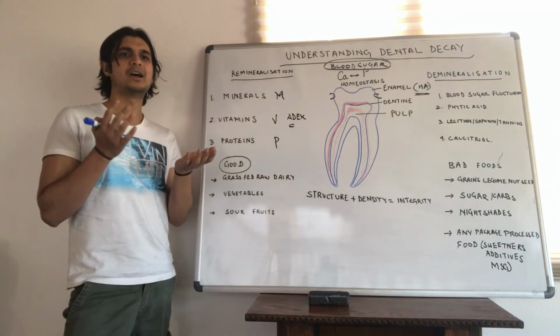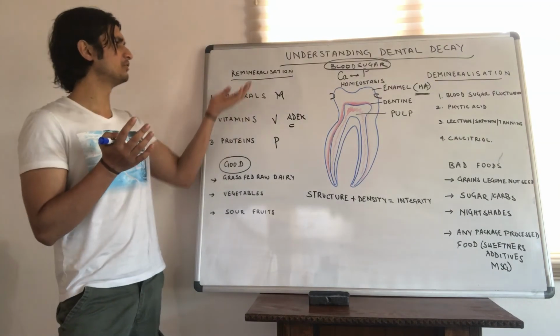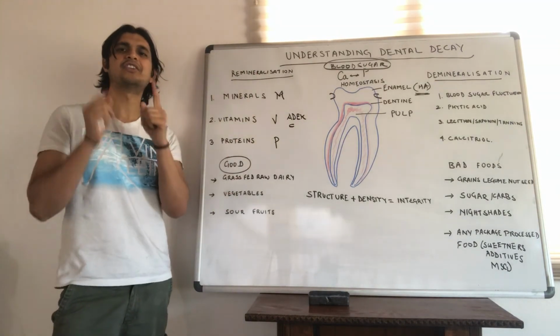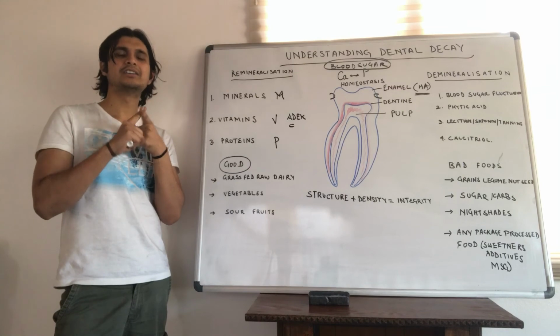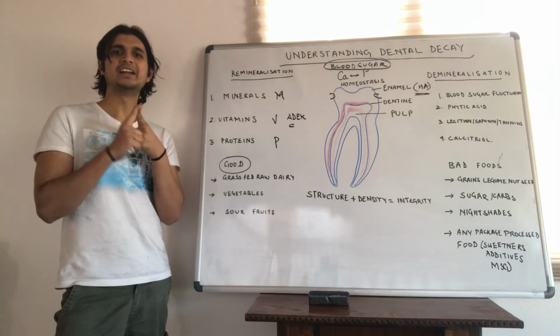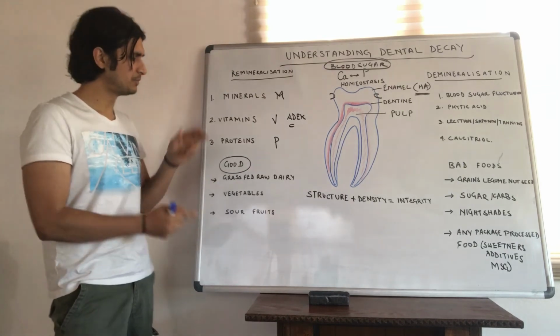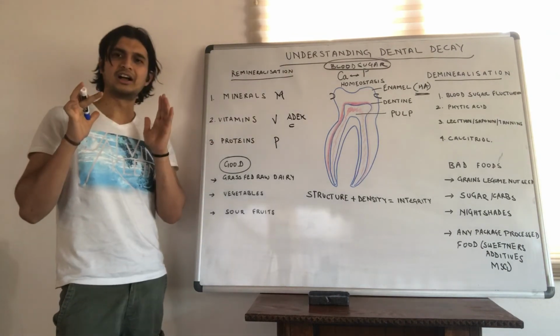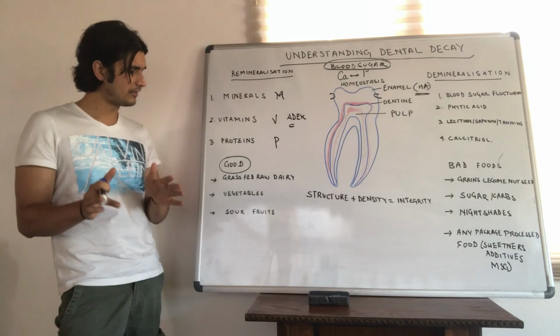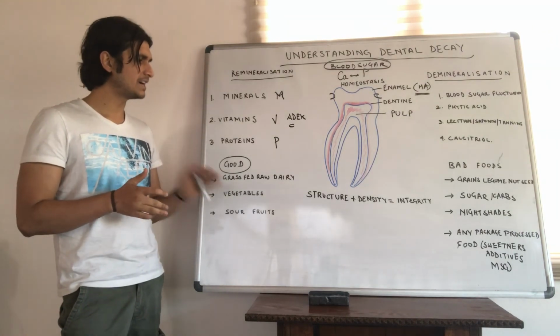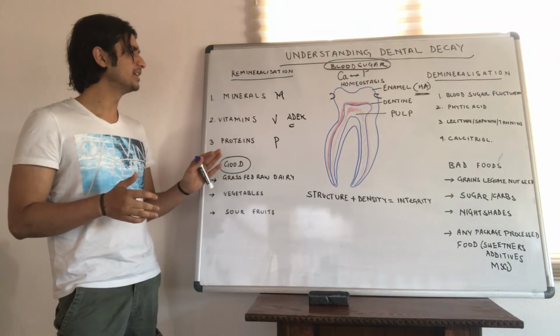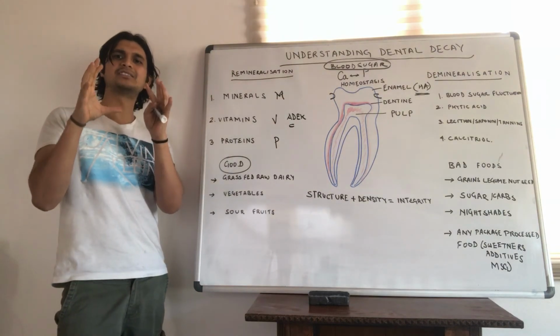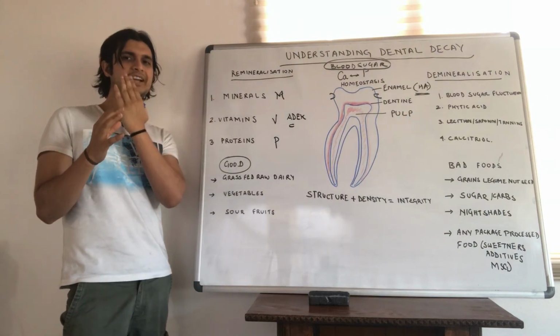Weigh your options, benefits and risks, but of course it's worth a try of six weeks of a dairy-free, nut-free, seed-free, legume-free, nightshade-free diet, with a preponderance of butter, green leafy vegetables, cabbage, cauliflower, and fruits, because that is one way of replenishing your minerals, vitamins, and proteins into the enamel so that the hydroxyapatite structure is intact.